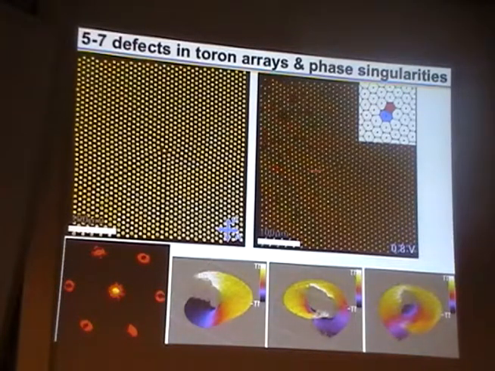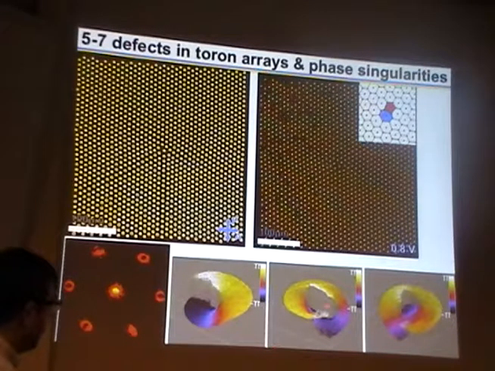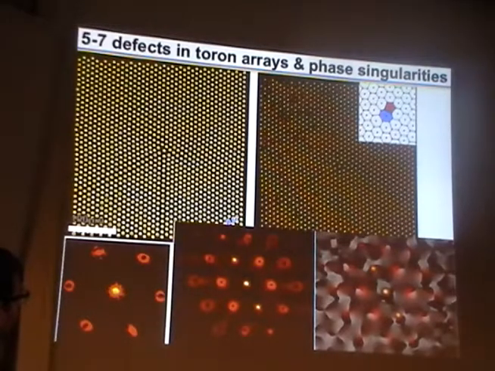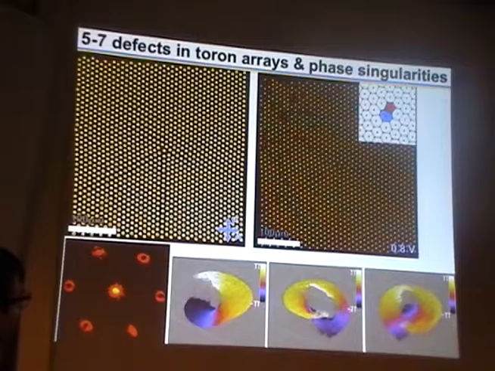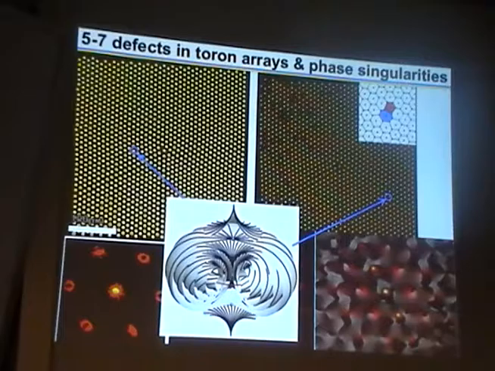So it's interesting that again we can obtain different defects in periodic arrays of torons and then use them to obtain different types of singularities in the laser beams of light that are used to obtain diffraction gratings, and those results very nicely agree with simple computer simulations that we do as well.